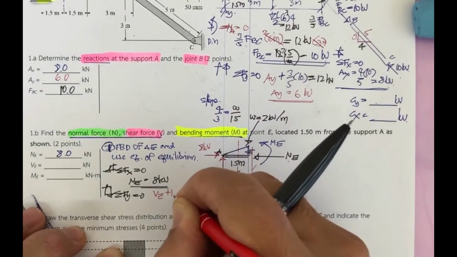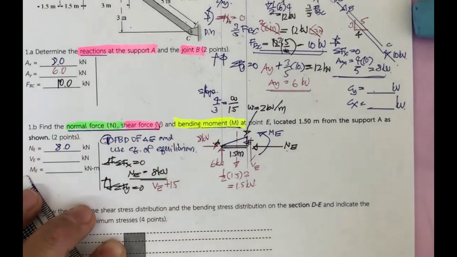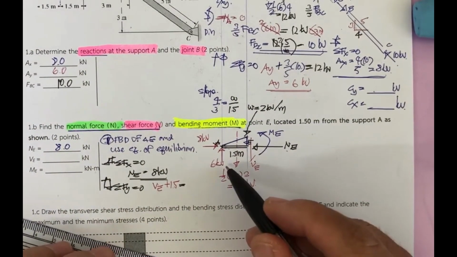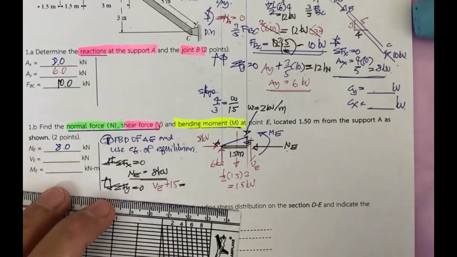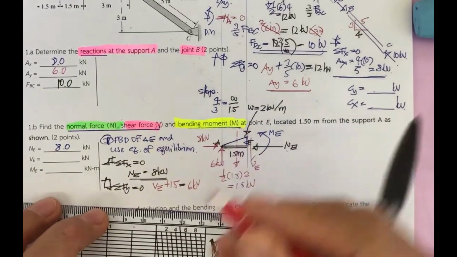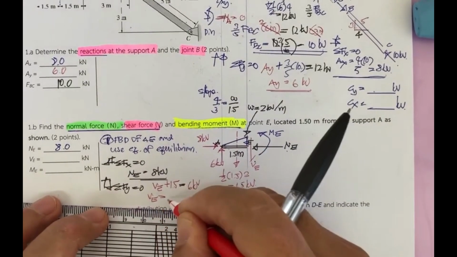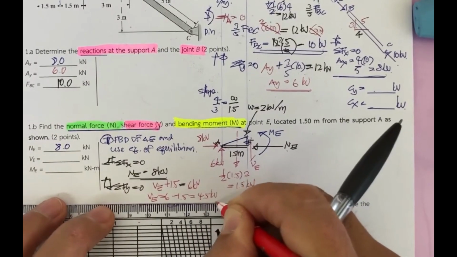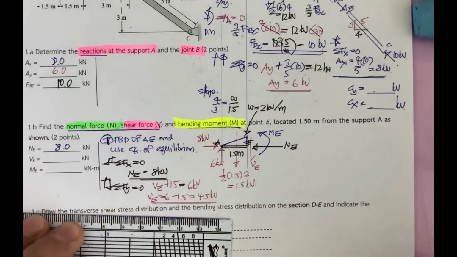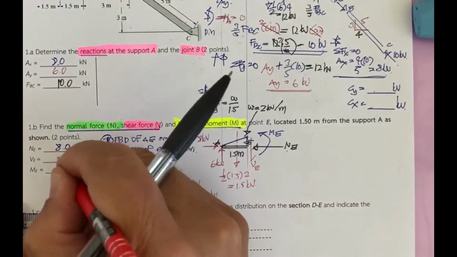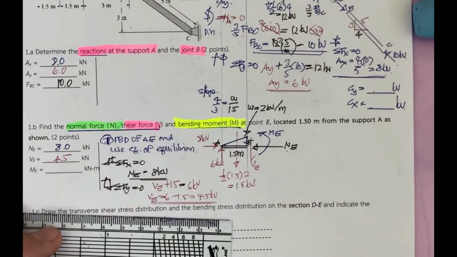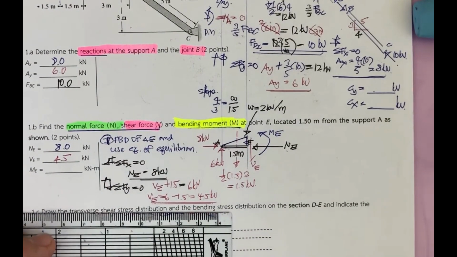So this is plus 1.5, and it's going to be equal to 6 kilonewton. So V sub E is going to be 6 minus 1.5, which is 4.5 kilonewton at this section. You're going to get this one as 4.5 kilonewton.